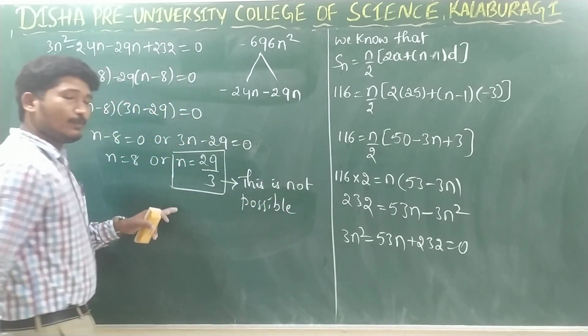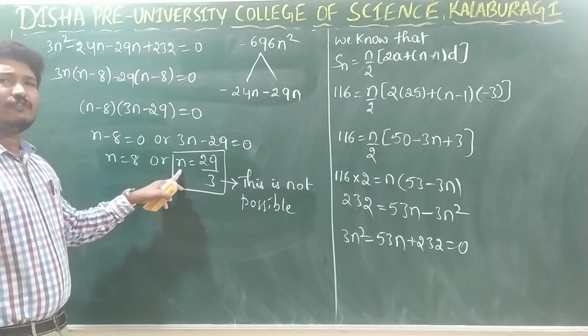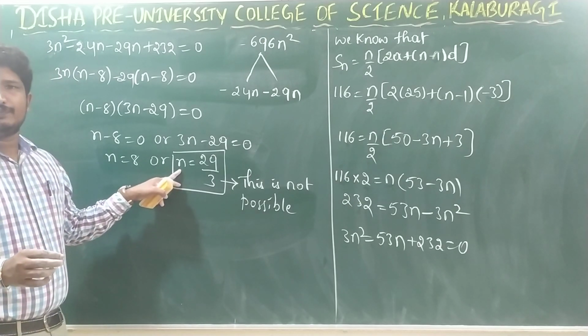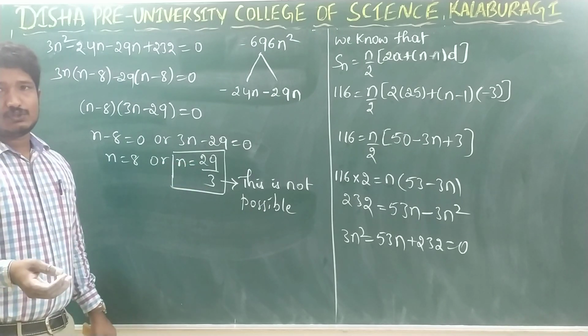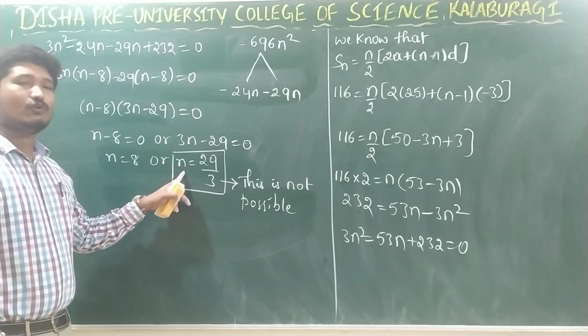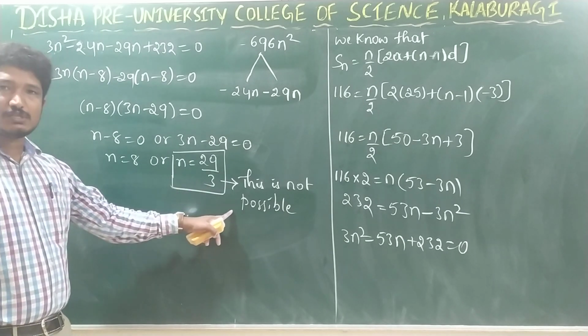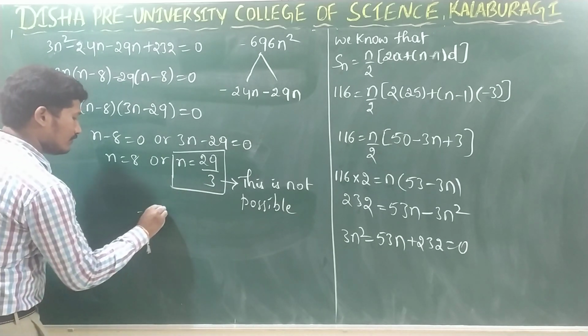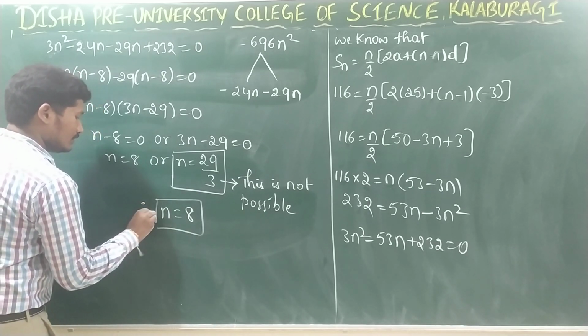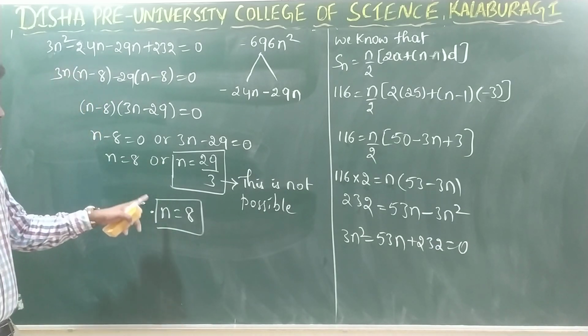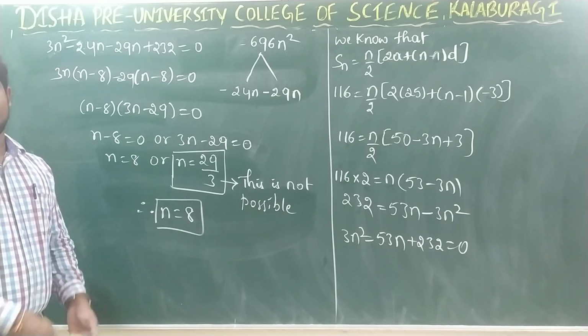Why is it not possible? Because the value of n must be a natural number. Right? You will not say 29 by 3 terms. So you will count the number of terms in the form of what? Natural number. So this is not possible. So your value of n will be what? 8. Therefore the value of n will be equal to 8.